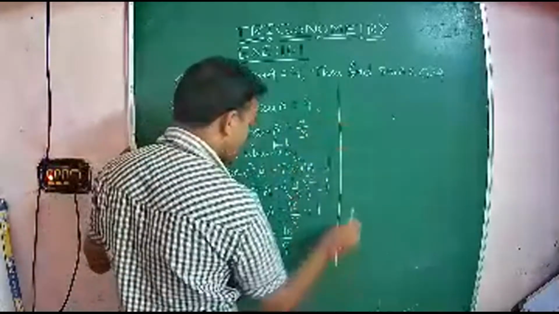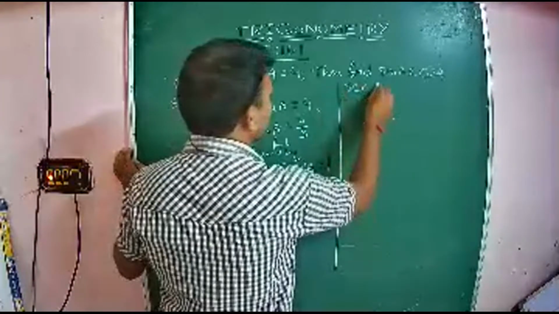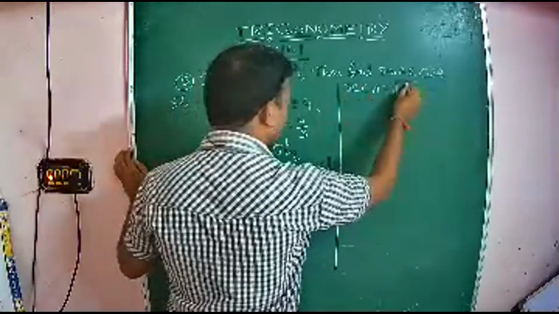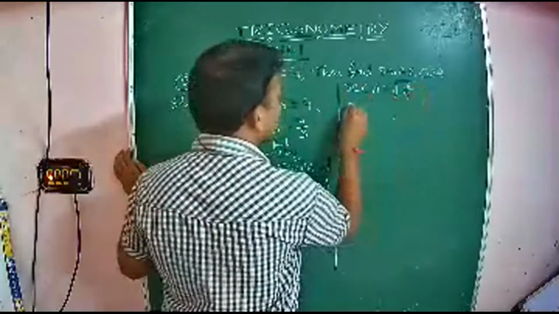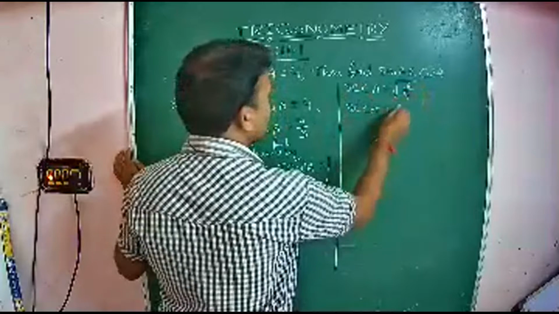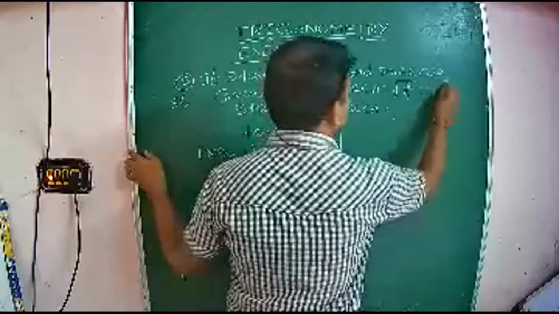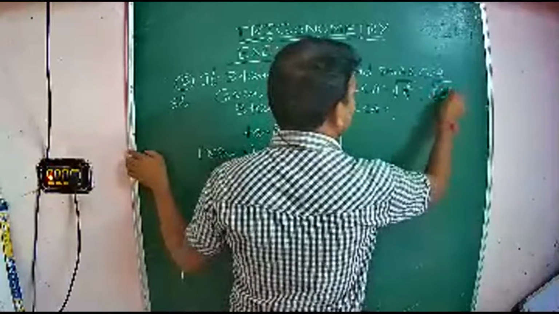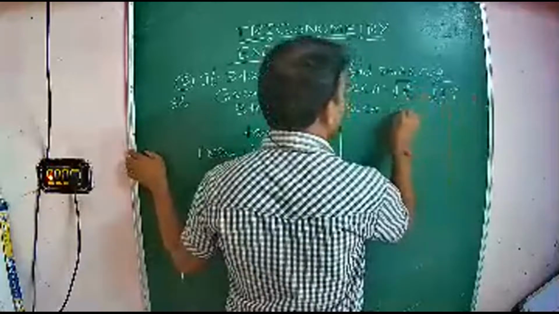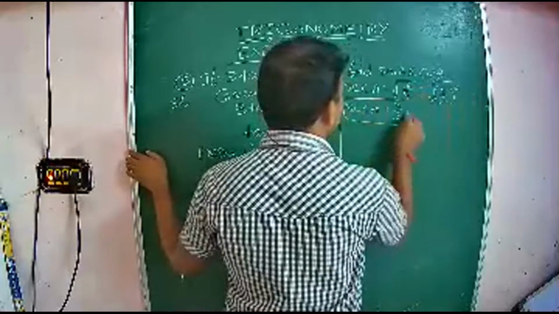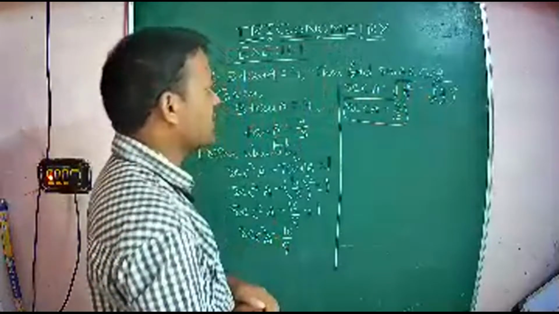Similarly, what about secant A? Secant A is the square root of 16 by 9. So that can be written as 4 by 3 whole square, then the square root gets cancelled, we get 4 by 3. If secant A is 4 by 3, what do they need to ask?